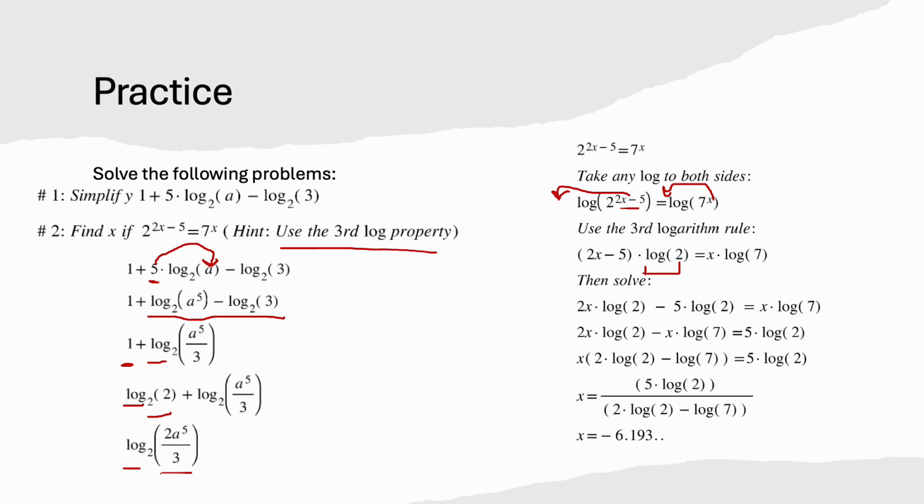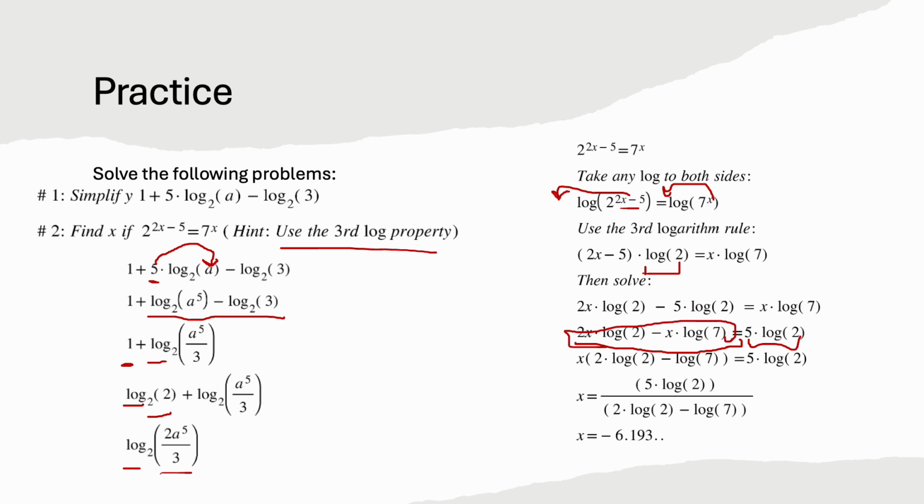And so what we're going to do, we can take this out. So 2x times log 2 minus 5 times log 2 is equal to x times log 7. And then we can subtract x times log 7, right? We're going to get 2x times log 2 minus x times log 7 is equal to 5 times log 2. And then all these terms on this side have an x in them.